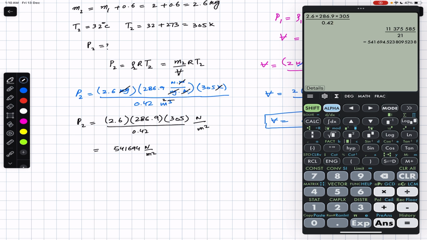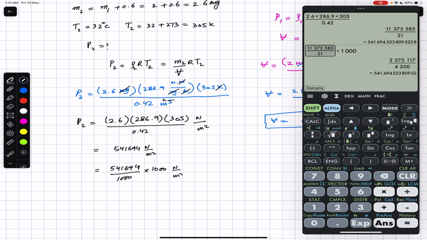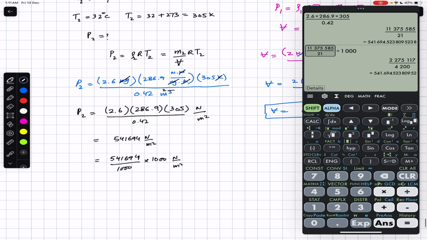And if you want to write it in kilopascals, since this is a large pressure, so we have to divide it by thousands. So if I divide my answer by 1000, which is 541.694, this 1000 is kilo, right?